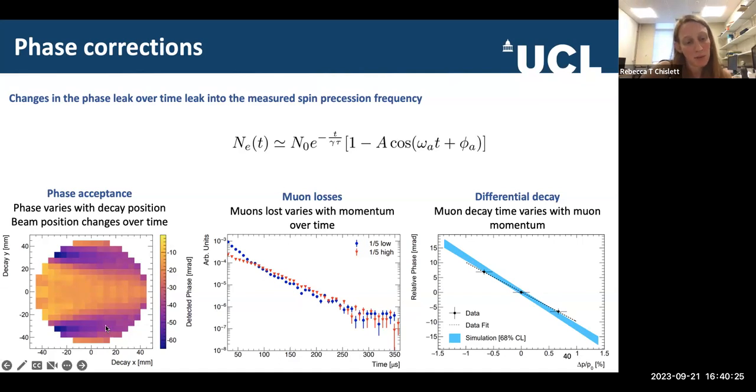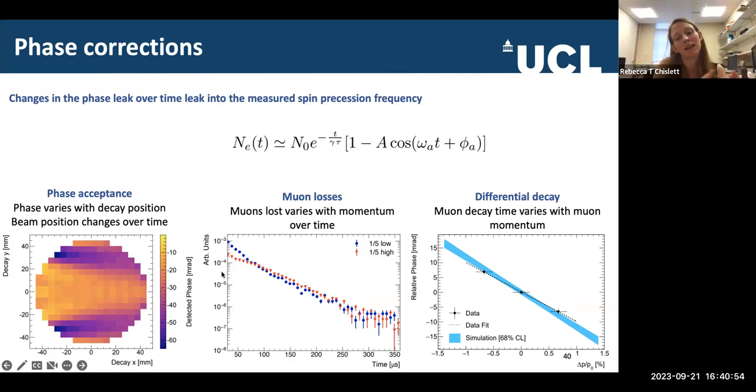This was particularly bad in run 1, but has been improved for run 2 and run 3, and I'll mention that in a minute. Then we have muon losses, and this can change the phase because the phase is correlated with the momentum of the muons, and we lose more low energy muons at early times than high momentum muons.